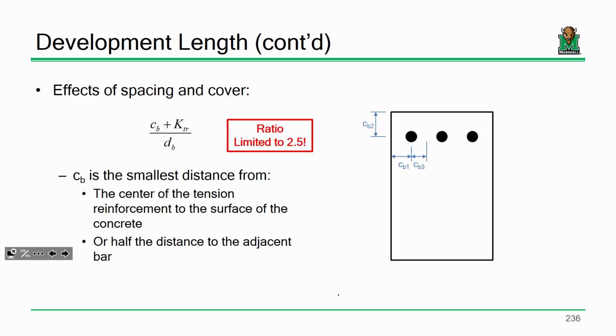So let's just do this mentally. c sub b from the bar to the sides of the beam is what? 2.5, right? From the bar to, let's say, the bottom of the beam, what is that? 3. From the bar halfway over to the next bar, what is that? 1.5, right? Because they're spaced at 3 inches.